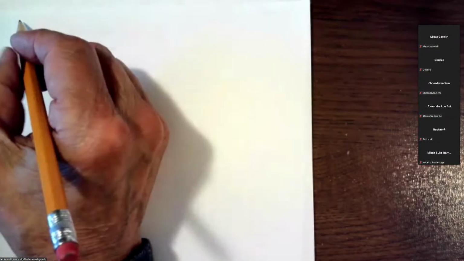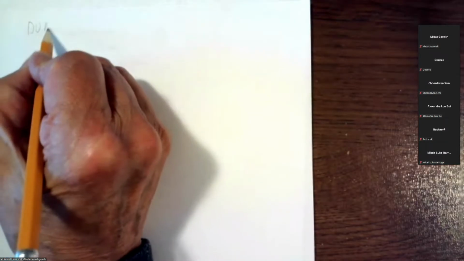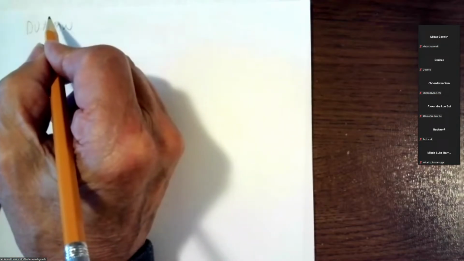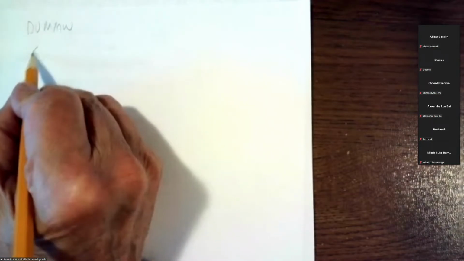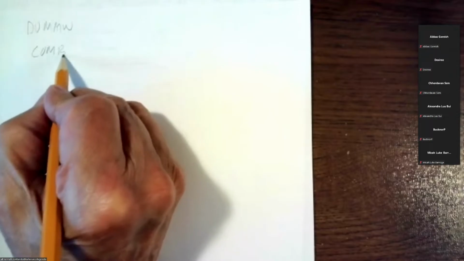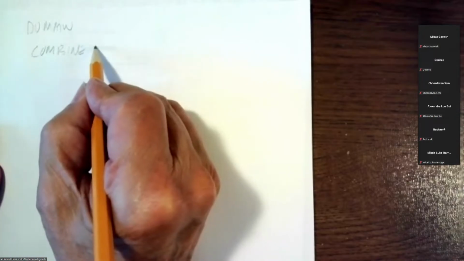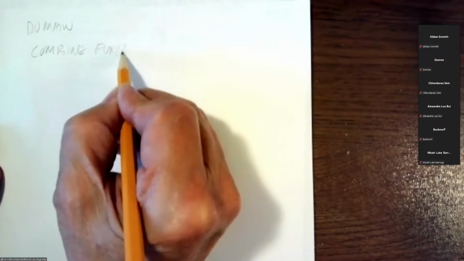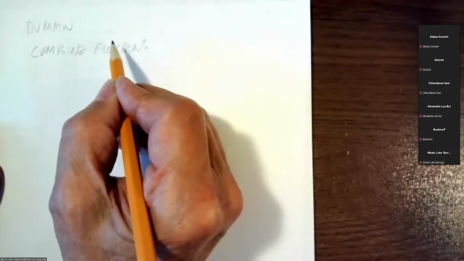Let me get out a clean piece of paper here. And like we've done before, we want to be able to find the domain. And in this section, we'll be able to combine functions. I'll show you how we do that.